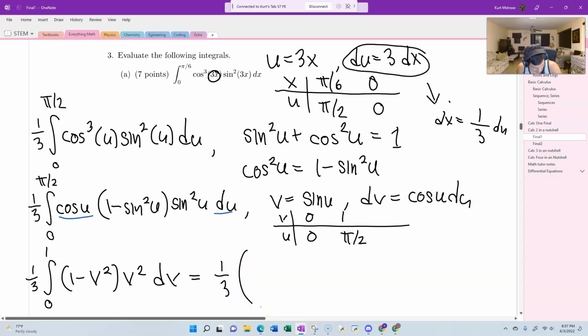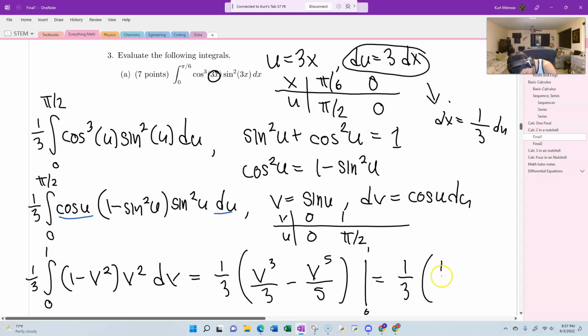And then that's going to become v cubed over 3 minus v to the 5th over 5, evaluated from 1 to 0. And this is going to equal 1/3 times 1 over 3 minus 1 over 5.